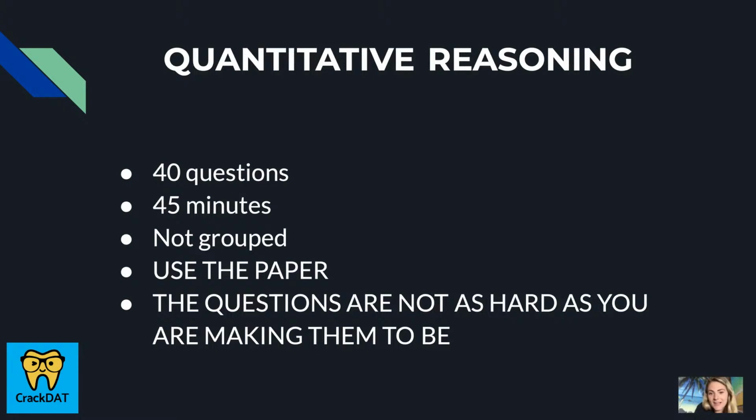So then the next section is quantitative reasoning. I loved quantitative reasoning, but I think it's one of those sections that can be really challenging because it's a lot of random math.